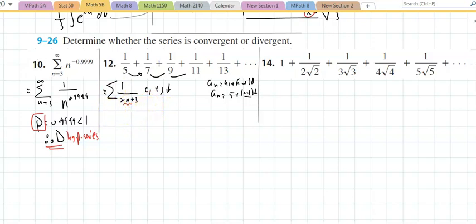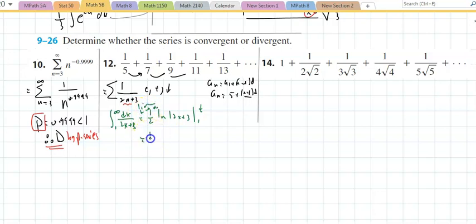We would take the integral from 1 to infinity of 1 over 2x plus 3 dx, and that would be 1/2 natural log of 2x plus 3 evaluated from 1 to t, taking the limit as t approaches infinity.